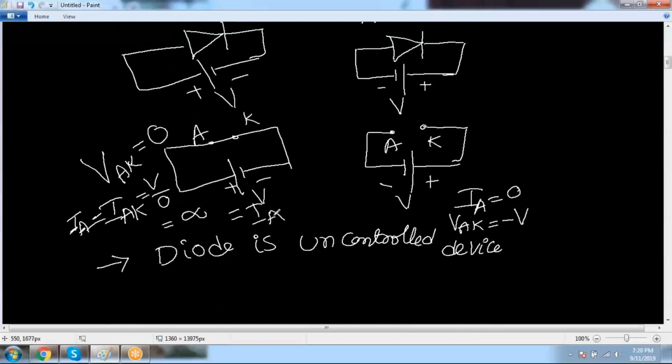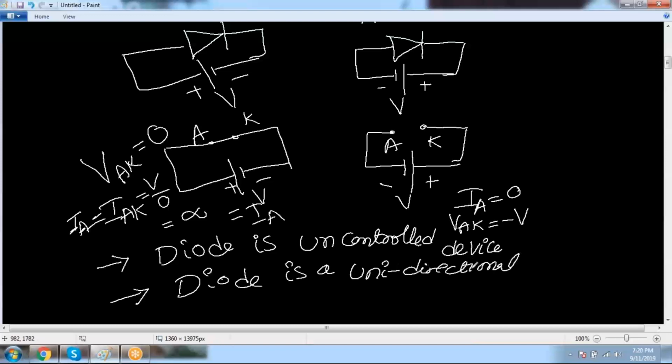First I'm talking about the diode. Students, tell me, this is very important and from your engineering you know this: is a diode a unidirectional device or a bidirectional device? Unidirectional device.